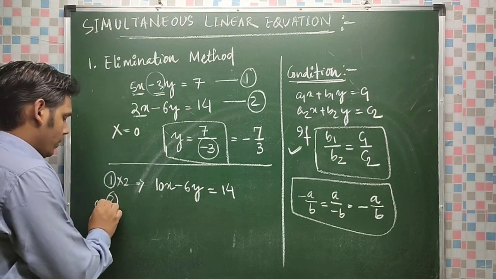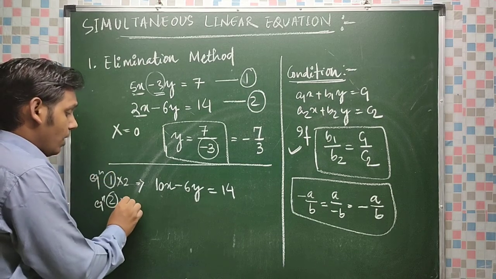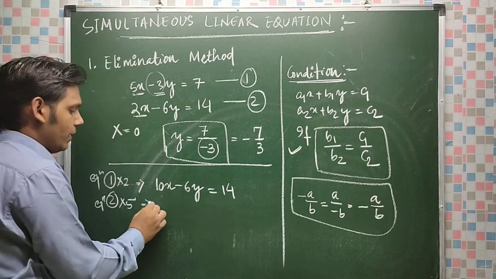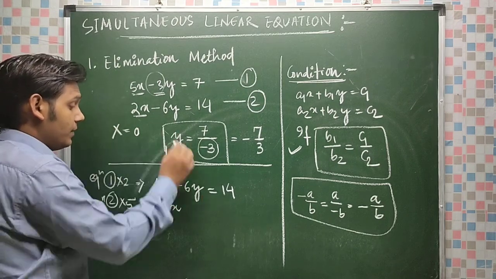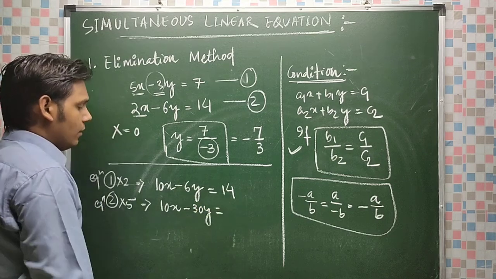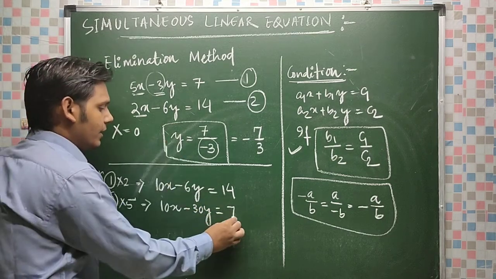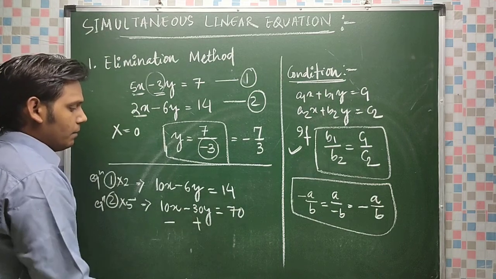Thereafter, equation 2 I have to multiply by 5 in order to make it 10x. So 5 into 2 is 10x, and 5 into 6 is minus 30y, and 14 into 5 is 70. And you have to subtract. Here minus, this minus will become plus.